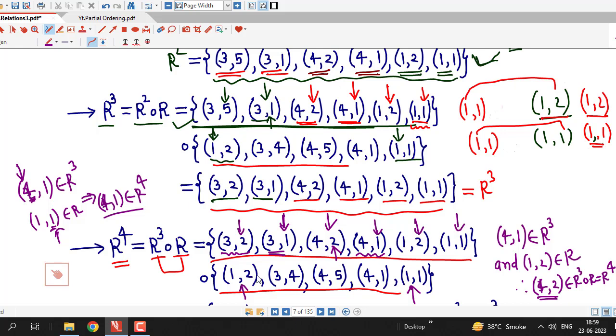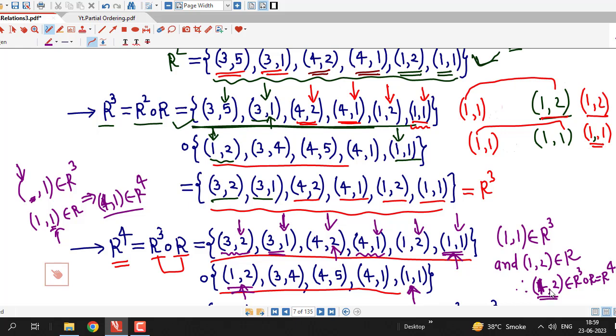Then (1, 1). So for (1, 1) again I have 2 ordered pairs whose first components are 1. Here I write (1, 1) belongs to R3 and (1, 2) belongs to R. So I have (1, 2) belongs to R4. And if I combine (1, 1) and (1, 1), I will obtain (1, 1) itself.